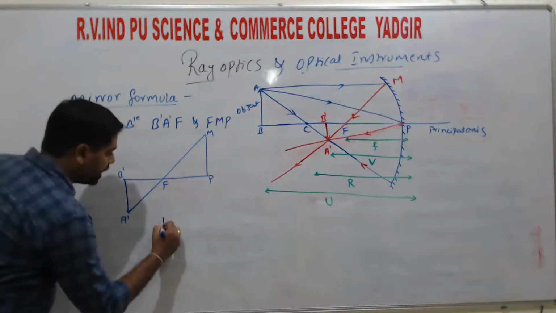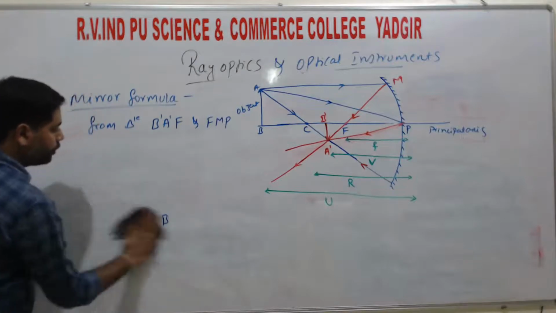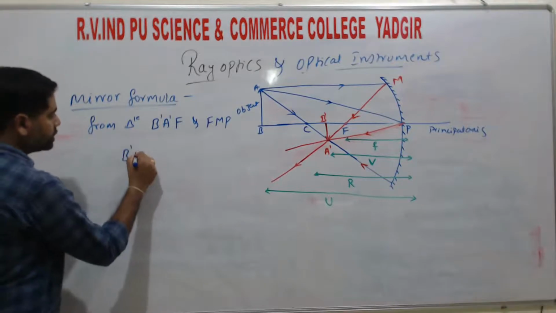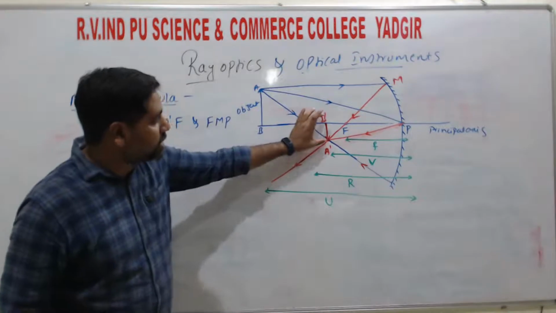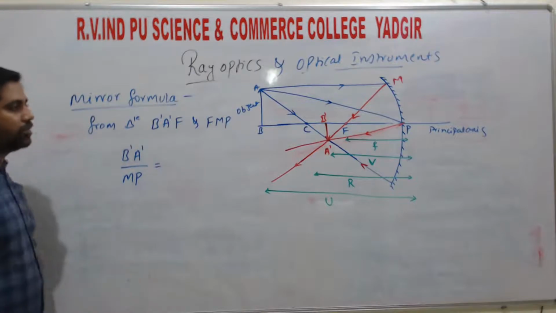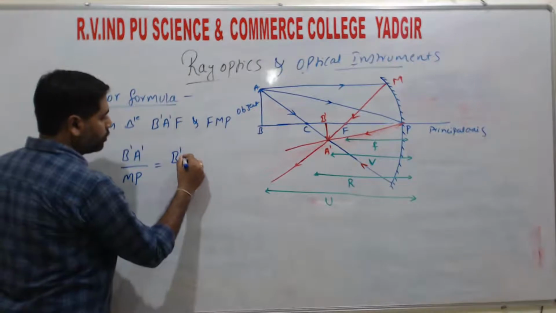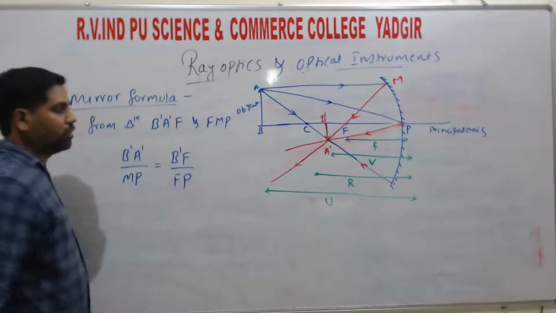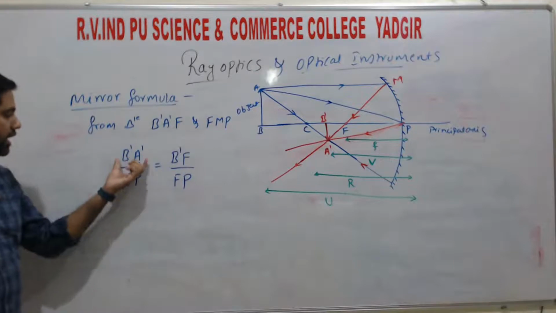So from that we can write the ratio B dash A dash divided by MP is equal to B dash F divided by FP, right?